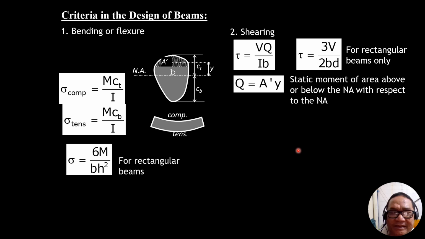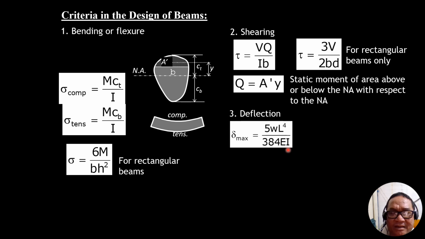So remember that. Next, for deflection, there are only two load cases that you have to recall. One is for a beam that is entirely loaded with uniform load, and therefore the maximum deflection, which occurs at the center of the beam, equals 5wL to the fourth over 384EI.